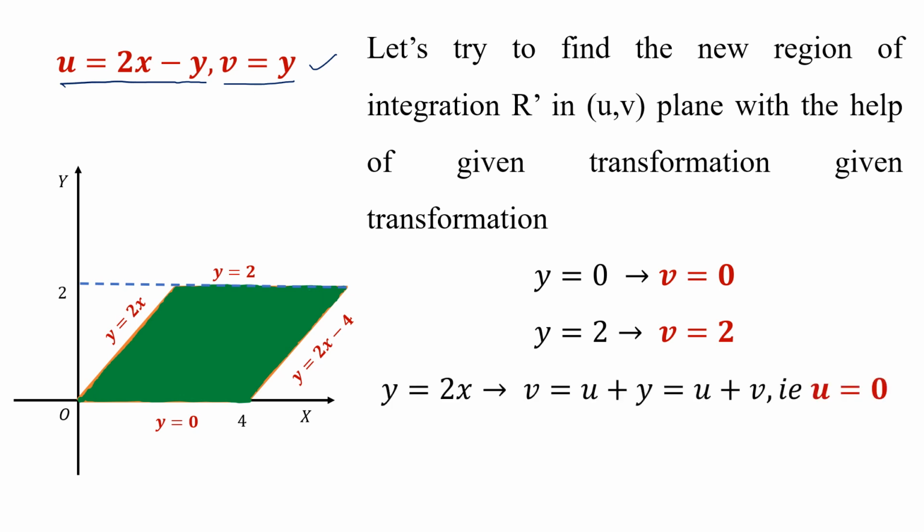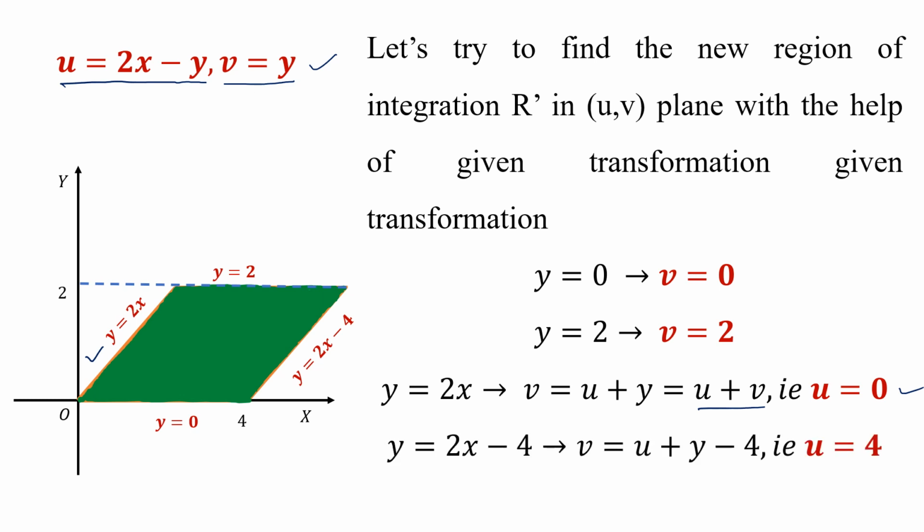Now y is equal to 2x, along this line. So what we have, v is equal to 2x, which will be u plus y. So v is equal to u plus y, and y is also v, so that we keep u plus v. So ultimately what we get here, v is equal to u plus v, so u is equal to 0, that we get as the first.